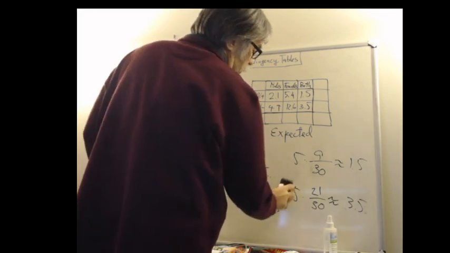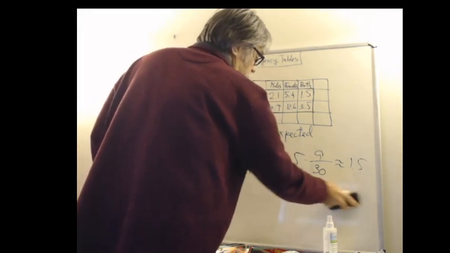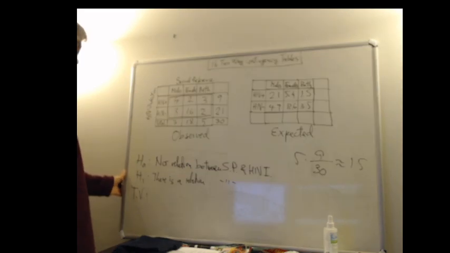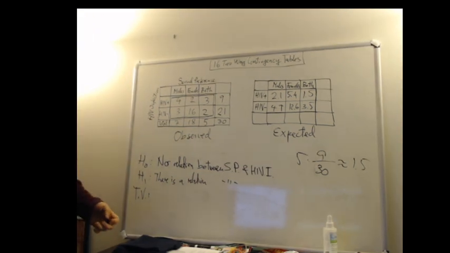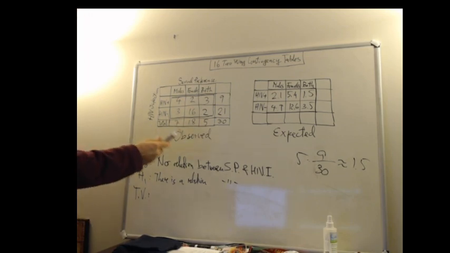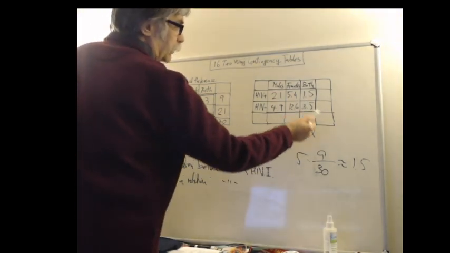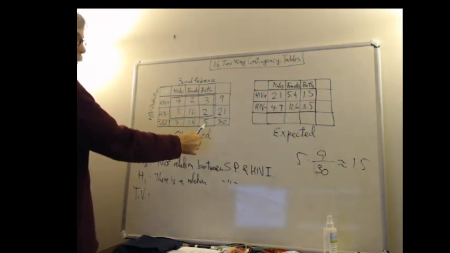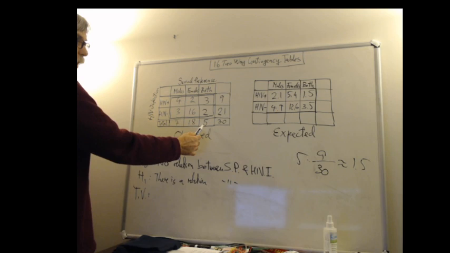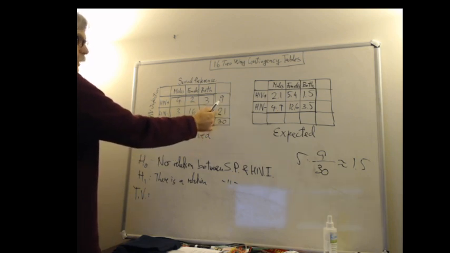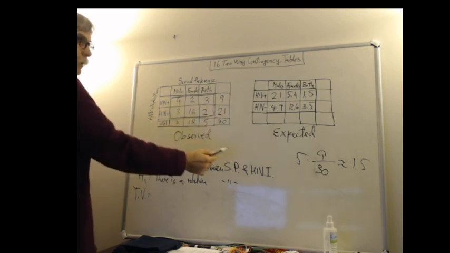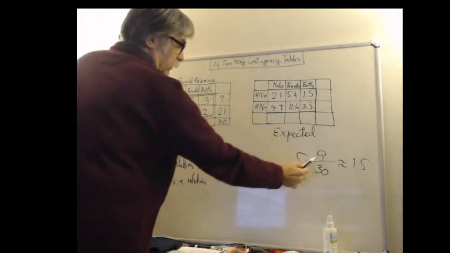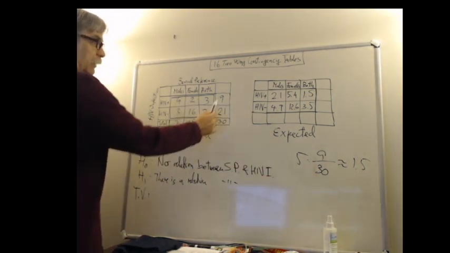But if you pay attention to how I calculate that, it's very easy. How do you calculate the expected value? There's a simple routine. All you have to do is multiply the marginal values: 5 times 9 divided by 30.